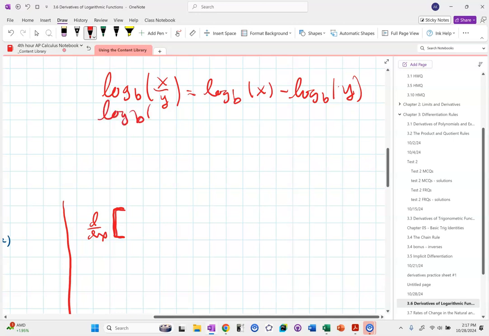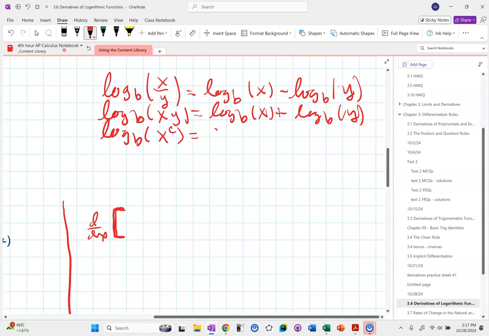What if I have log of a product? Well, it's log of the first factor plus log of the second factor. And then what if I have log of an exponent? Well, that's the exponent times log of the base.